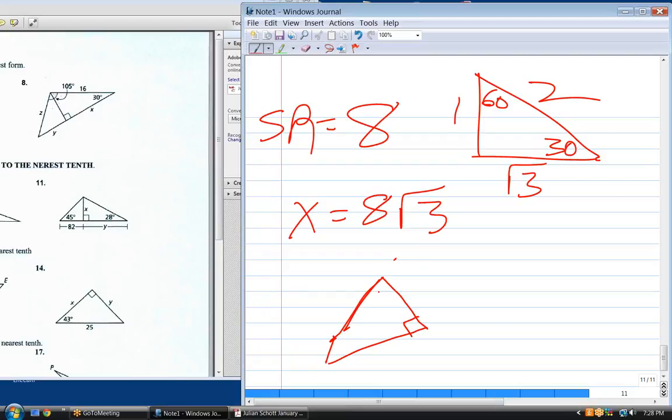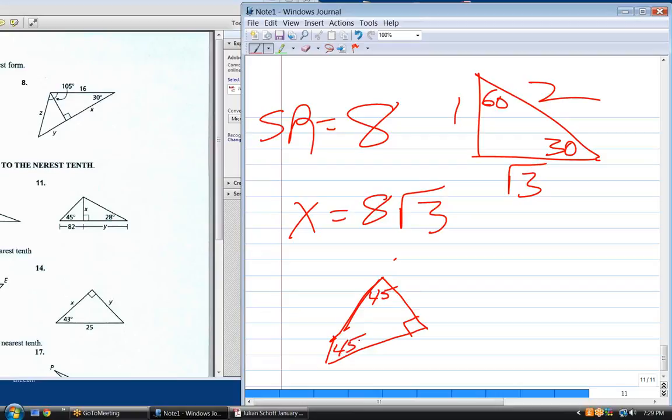So what's this angle right here? 75? What's 105 minus 60? 45? Ah, that's our 45-45 right triangle.